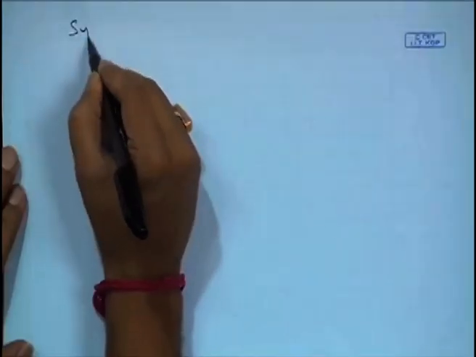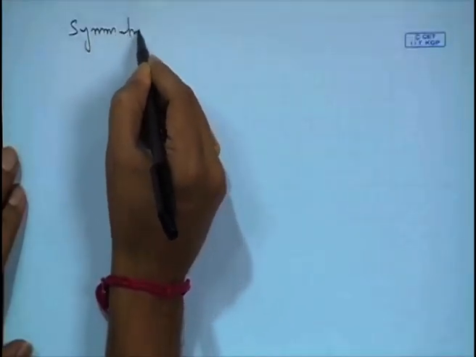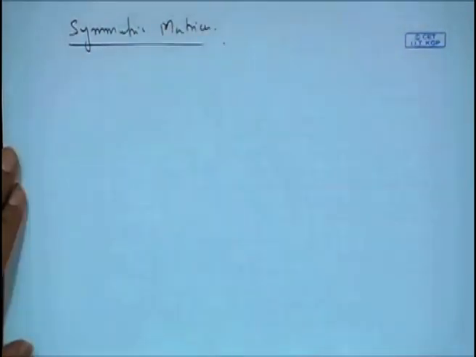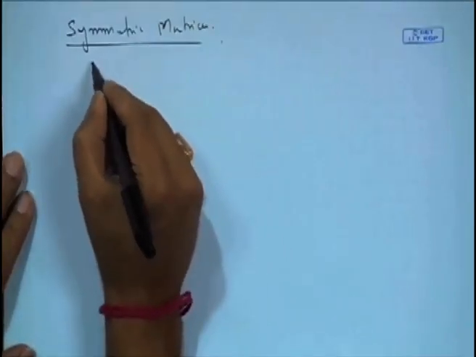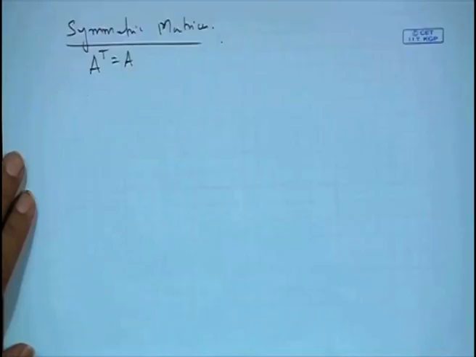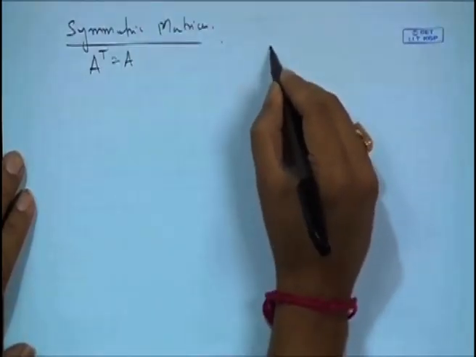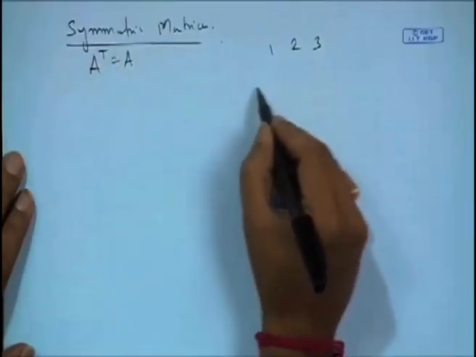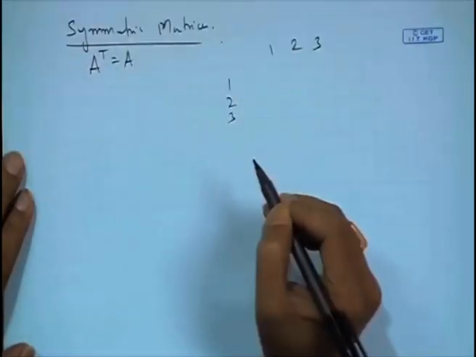We move further to look at symmetric matrices. Symmetric matrices are those matrices for which, if you take the transpose, you get the matrix itself. So basically if I write 1, 2, 3 and I take a transpose of this, it's basically 1, 2, and 3.